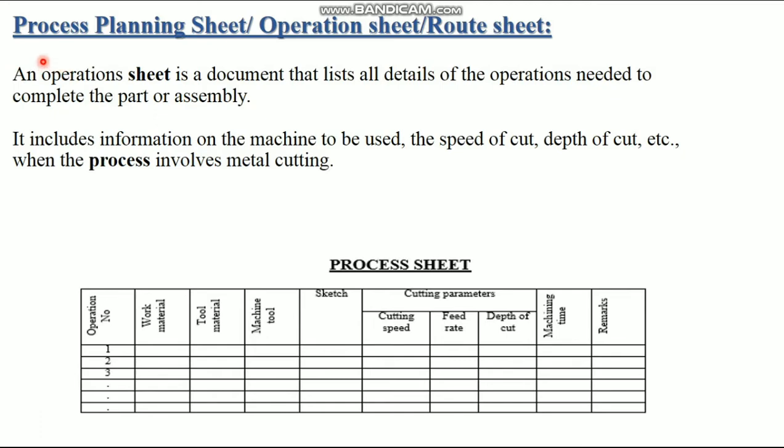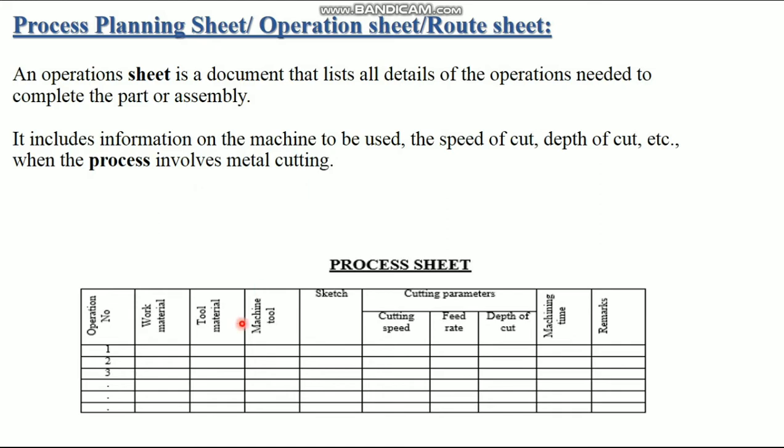This is the process planning sheet, or operation sheet, or route sheet. An operation sheet is a document that lists all the details of the operations needed to complete the part or assembly. It includes information on the machine to be used, the speed of cut, depth of cut, etc., when the process involves metal cutting.